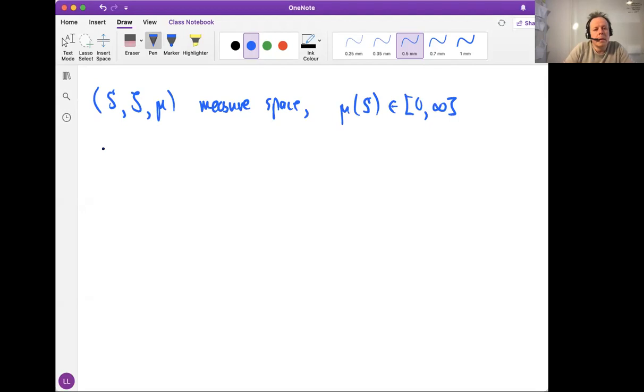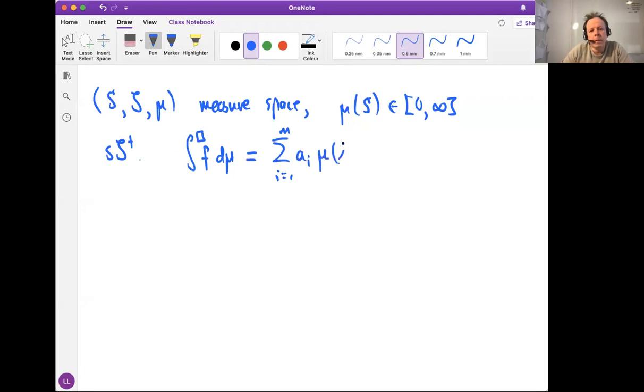And then let's recall, let's then start to work with this space of simple non-negative measurable functions. And our definition is that we define the integral of f with respect to measure mu as a sum of some values a_i, and then we weight them by some measures of A_i.